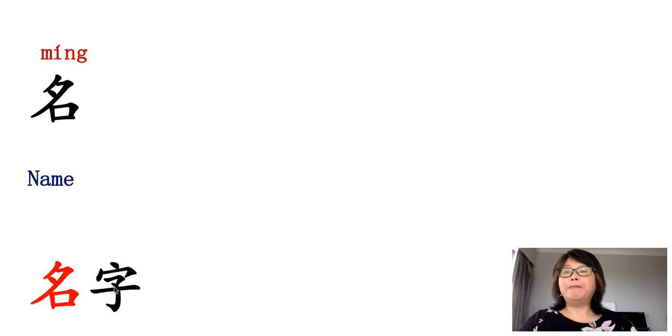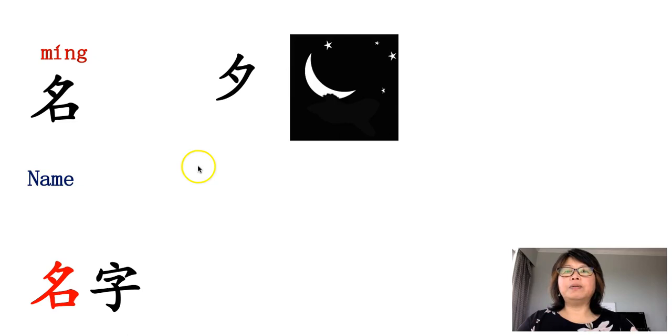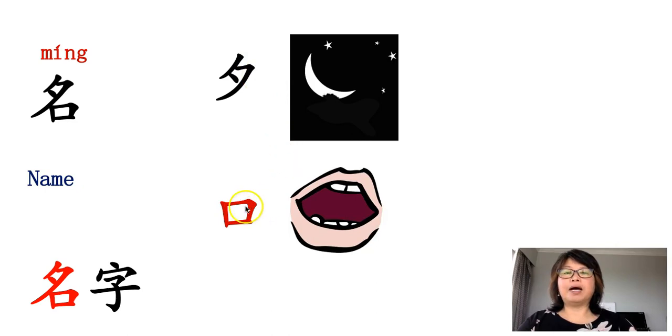This is 名, which means name. We break this up. On the top, it's like a moon. When can we see the moon? That's night, so that indicates the night. Underneath is a mouth.